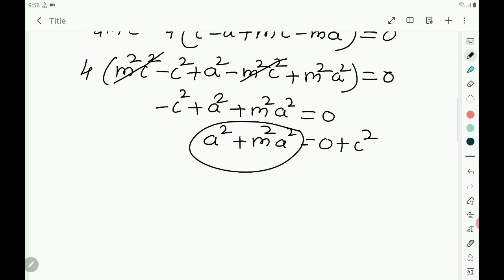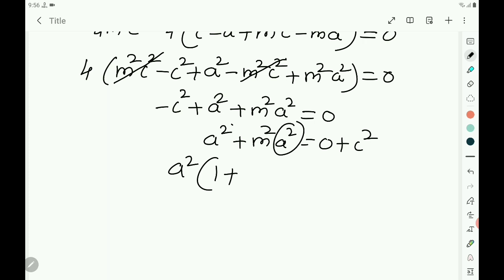Here you take a² common. a² into what? 1 plus, here what is remaining? m². Here a² is there, it is taken out as common. In the bracket, in the first term, 1 is remaining, plus m² is remaining because a² is outside.